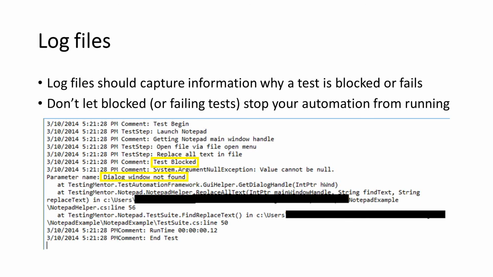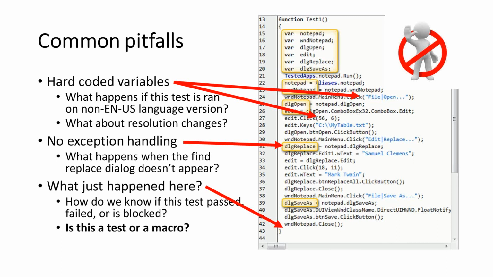So for some reason, now I can go right back, look at Notepad, try to open up the find replace dialog, and see why it was not found and why I'm not getting a pointer or window handle to that window.